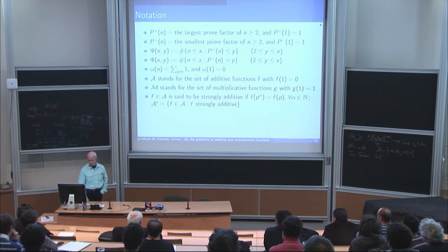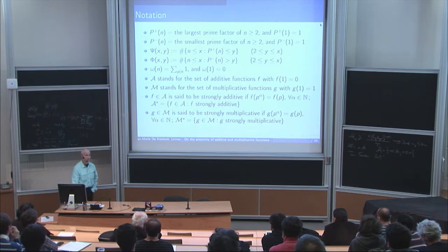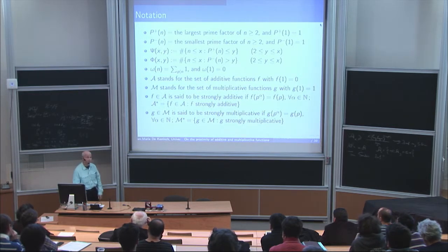Then we'll define A star and M star, just the subsets of additive functions which are strongly additive. That is, whatever exponent you put on the prime, it's always the same value. And similarly for the multiplicative functions.